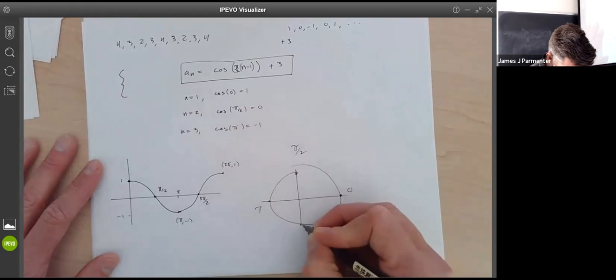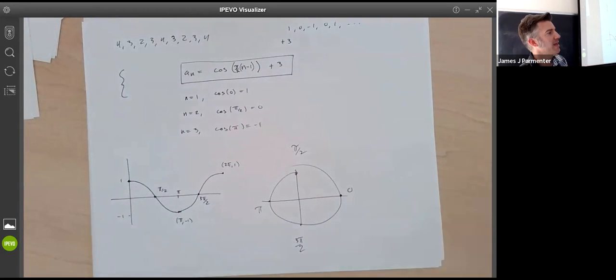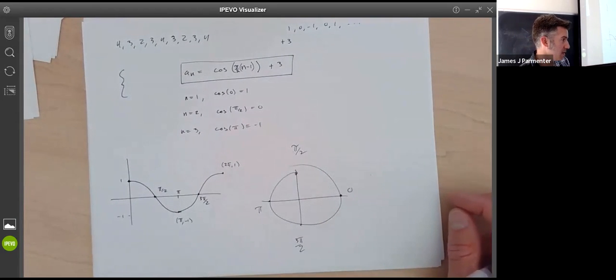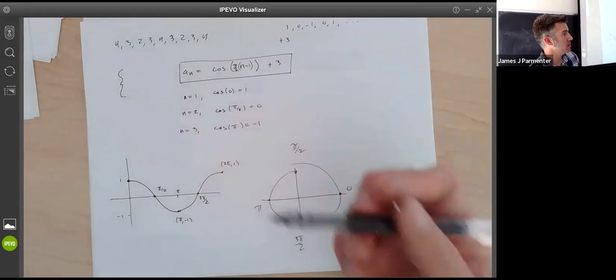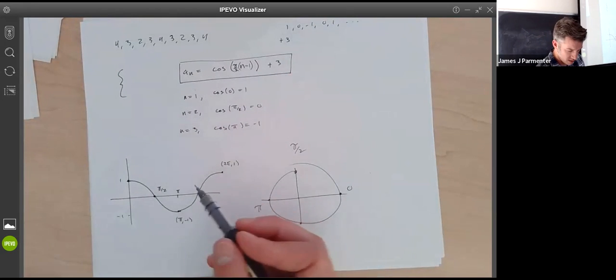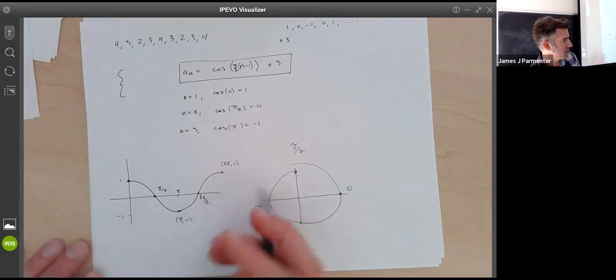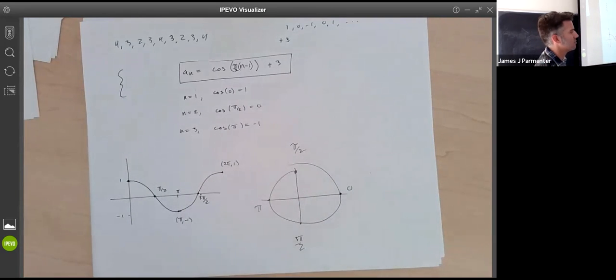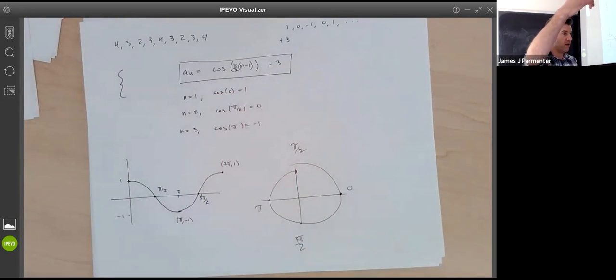We want to hit the 4 corners of the circle because those are the points that have nice values of cosine. So that's why we're multiplying by pi over 2 here, so that we get 0 and then pi over 2 times 1 and pi over 2 times 2 and pi over 2 times 3. It's a pretty common trick for something where you have a middle and then an above and a below.